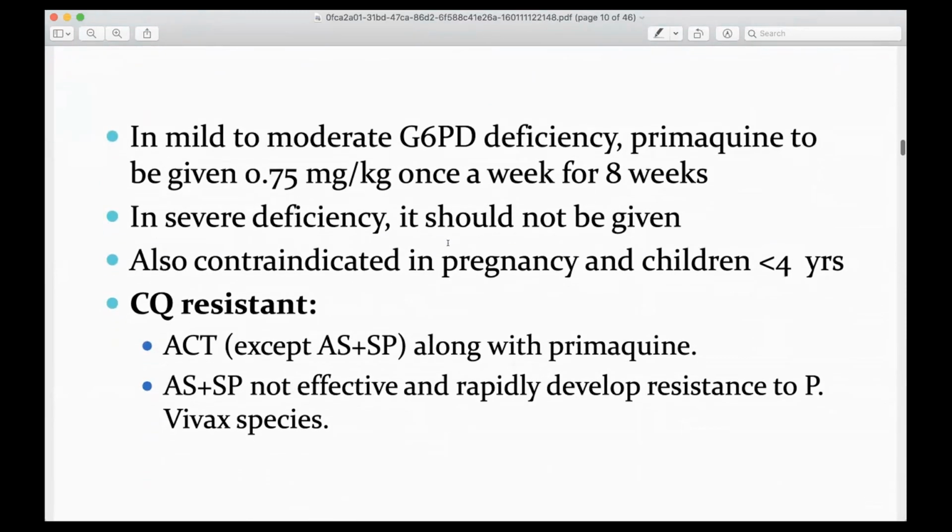Primaquine is also contraindicated for pregnant women or children. And when there is a chloroquine resistant case, you can use artemisinin combination therapy along with primaquine. So we will discuss these things in detail.